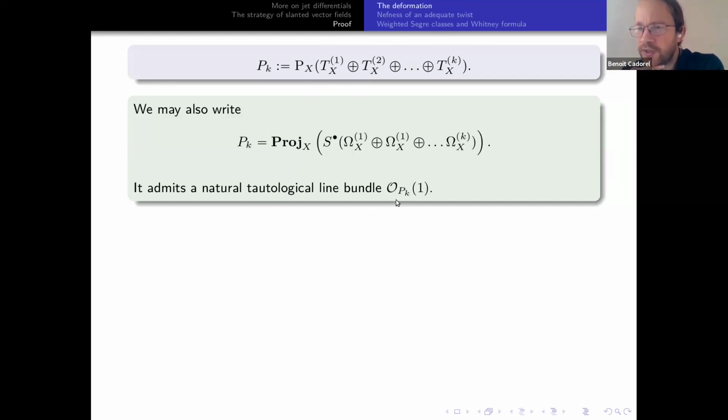And one thing I can say is that if you recall, the Green-Griffiths jet spaces were also projectivized algebras. Well, the Proj functor applied to the algebra of Green-Griffiths jet differentials. Another way of looking at this deformation is saying that it is what we call the Rees deformation applied to some filtration on the Green-Griffiths algebra.